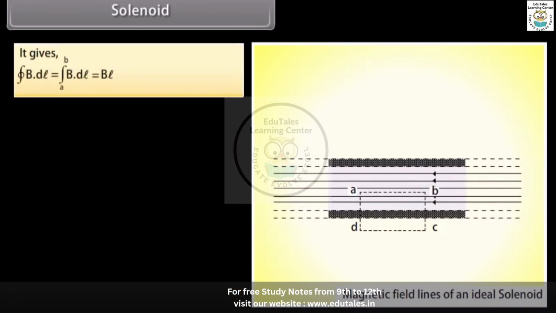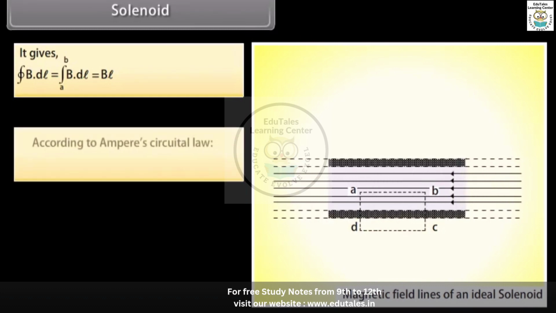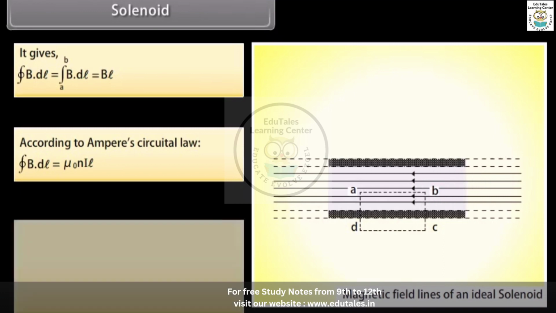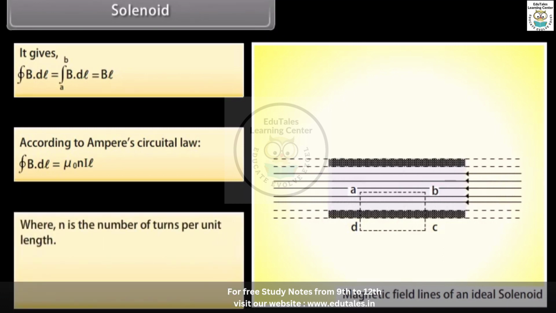It gives closed integral of B dot dl equals integration from A to B of B dot dl, which is equal to BL. According to Ampere's Circuital Law, closed integral of B dot dl equals mu naught nIL, where n is the number of turns per unit length. From the above two equations, we get the result B equals mu naught nI.